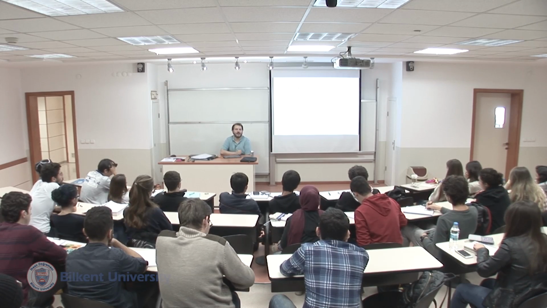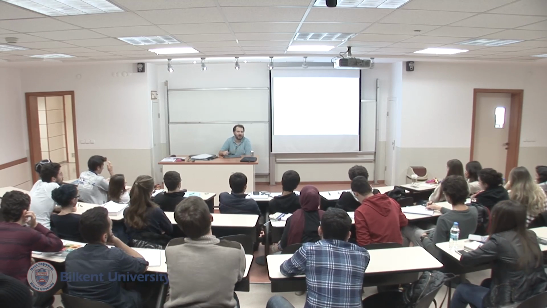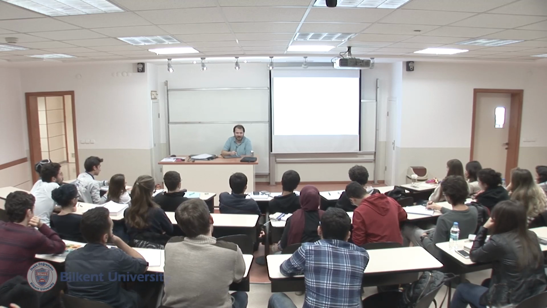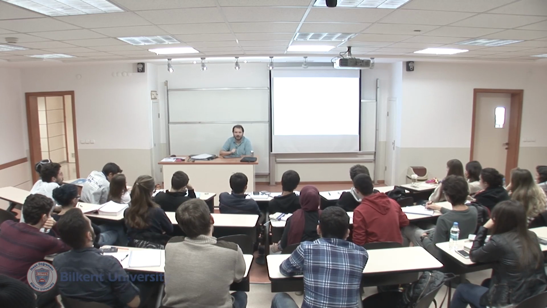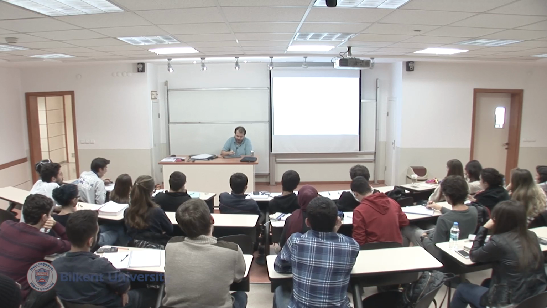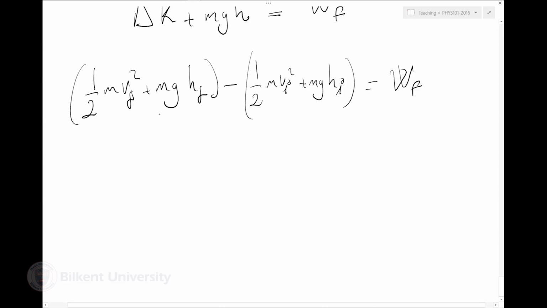Instead of just thinking about kinetic energy, now I'll say, hey, there's kinetic energy plus another source of energy, which is coming from gravitation. So I'll call this UG, which is m times g times h of the object. I'll call this gravitational potential energy.